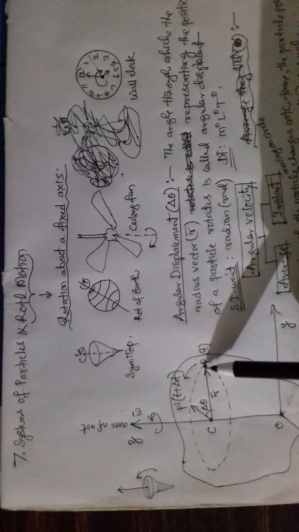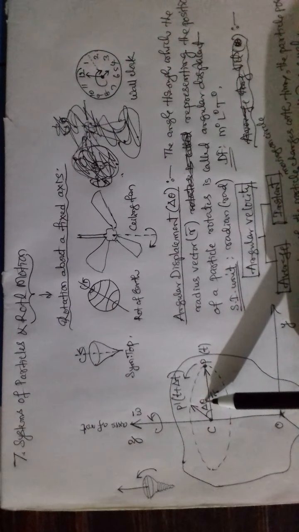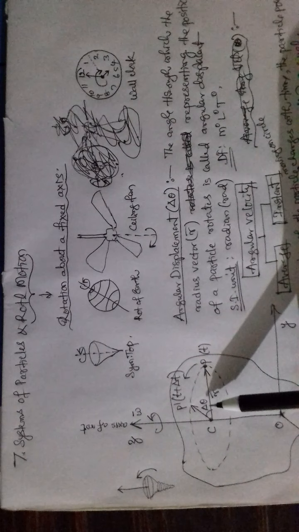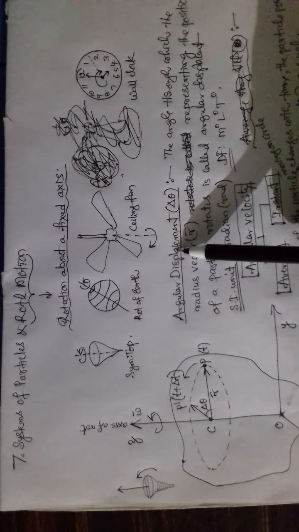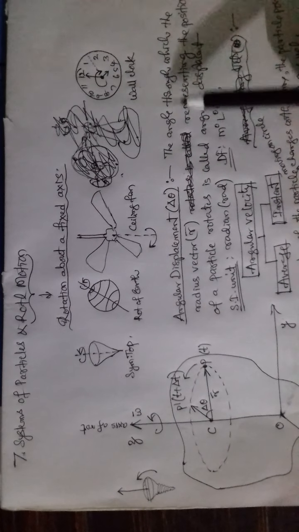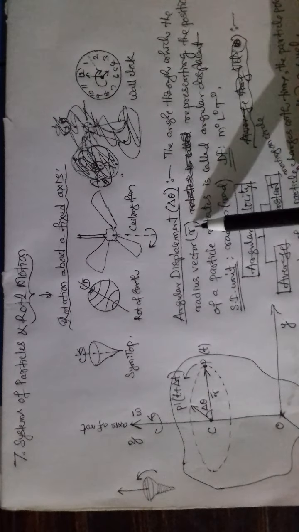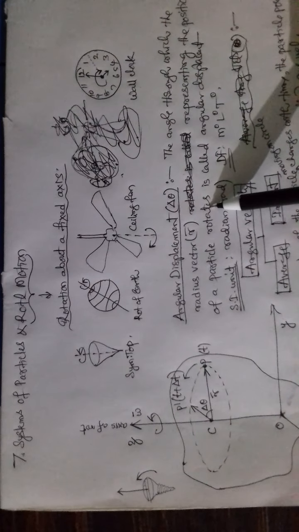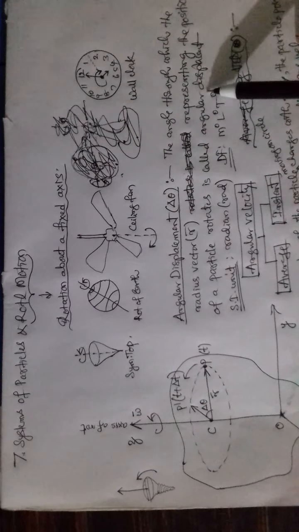So it moved through an angle delta theta. This is called angular displacement. See how we define angular displacement: the angle through which the radius vector representing the position of a particle rotates is called angular displacement.